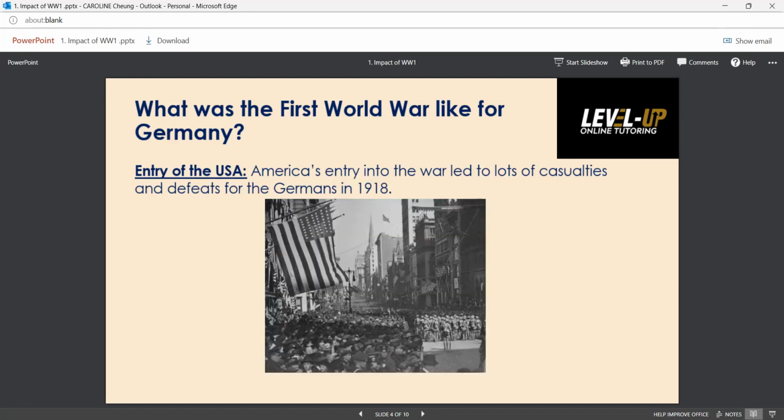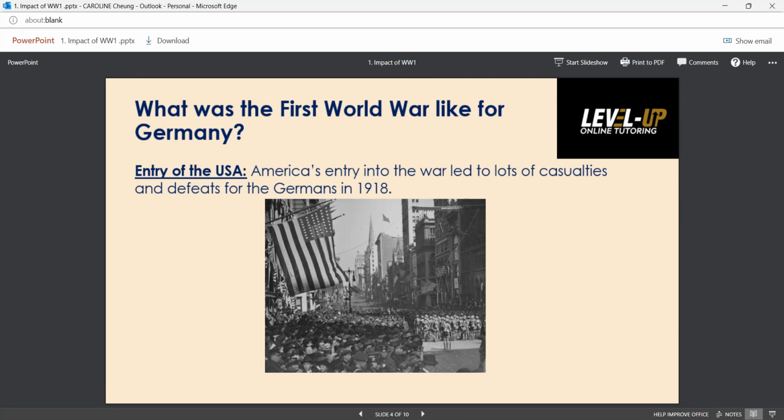The big thing that really makes the difference for Germany is America's entry into the war. And what that means is an endless supply of American soldiers. America is a huge country with a huge population.